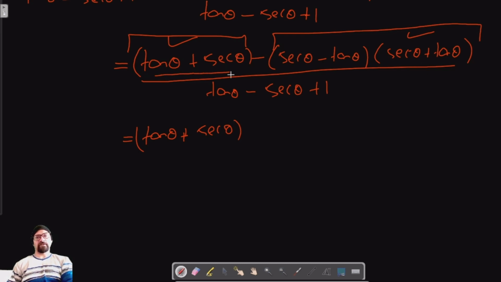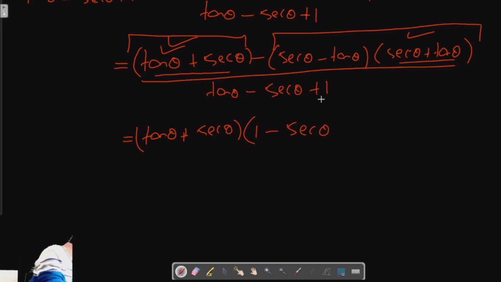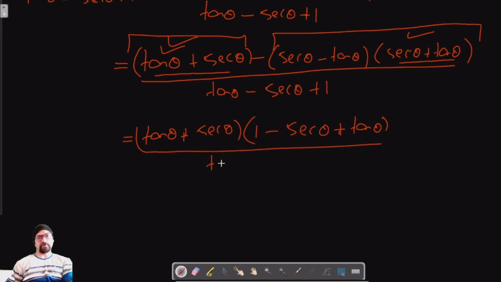This leaves 1 minus, and if I open up the bracket, 1 minus secant theta plus tan theta, upon tan theta minus secant theta plus 1.